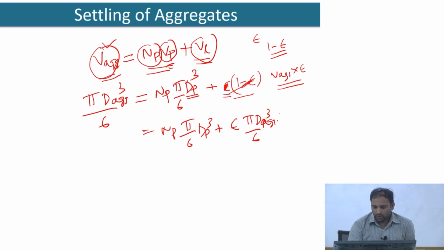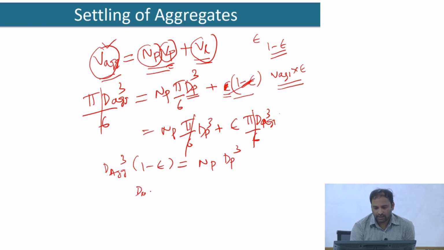So, therefore, your pi by 6 gets cancelled everywhere. So, I could write this as d aggregate power 3 into 1 minus epsilon is going to be np into dp cube. Therefore, I could write this as d aggregate is equal to np by 1 minus epsilon to the power of 1/3 into dp.